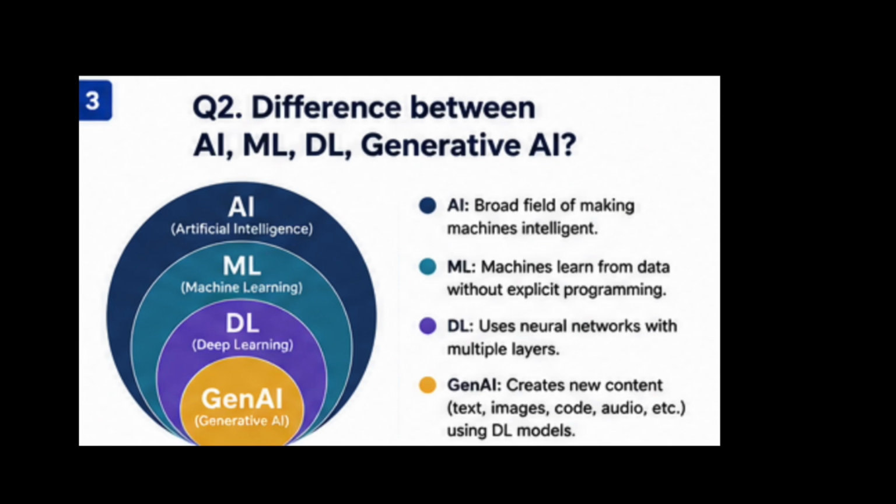Generative AI is built on top of deep learning and focuses on creating new content such as text, images, code, or music. A simple way to remember this is: AI makes machines intelligent, machine learning helps machines learn, deep learning learns using neural networks, generative AI creates new content.